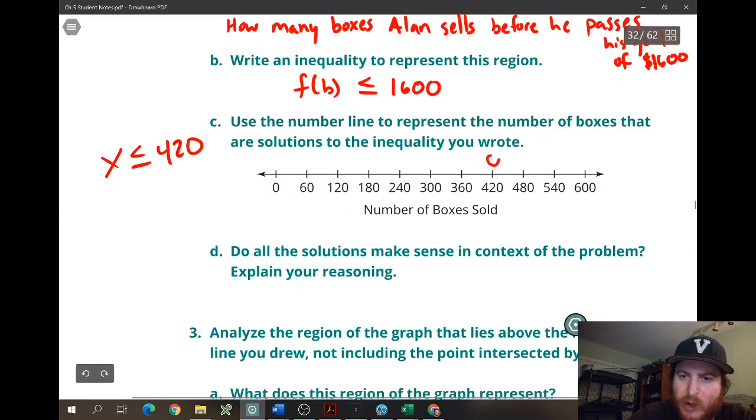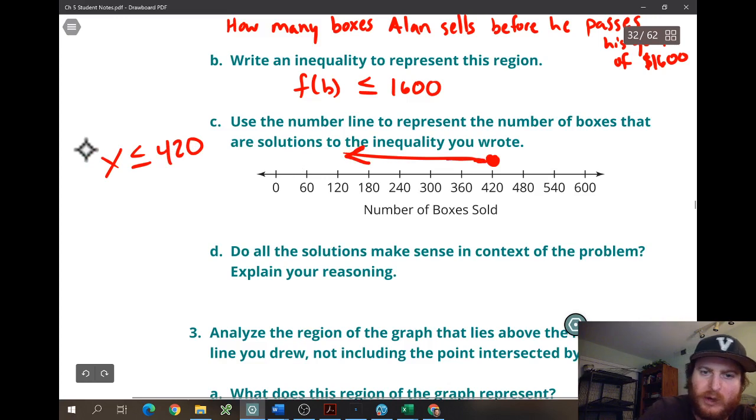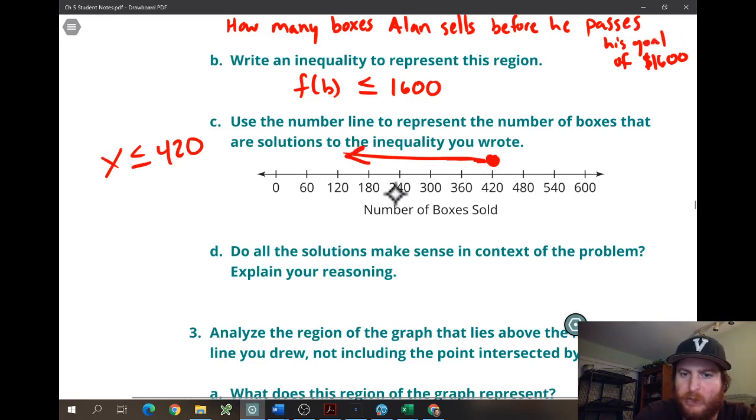Just like we wrote our point in here earlier, we would write that again. But this time we're also going to include an arrow pointing to the left. You don't have to draw it all the way over. That means it's just going to keep going forever off to negative infinity. So any number smaller than 420 would work. 240 would work, 180 would work, 60 would work, but even negative numbers would work.